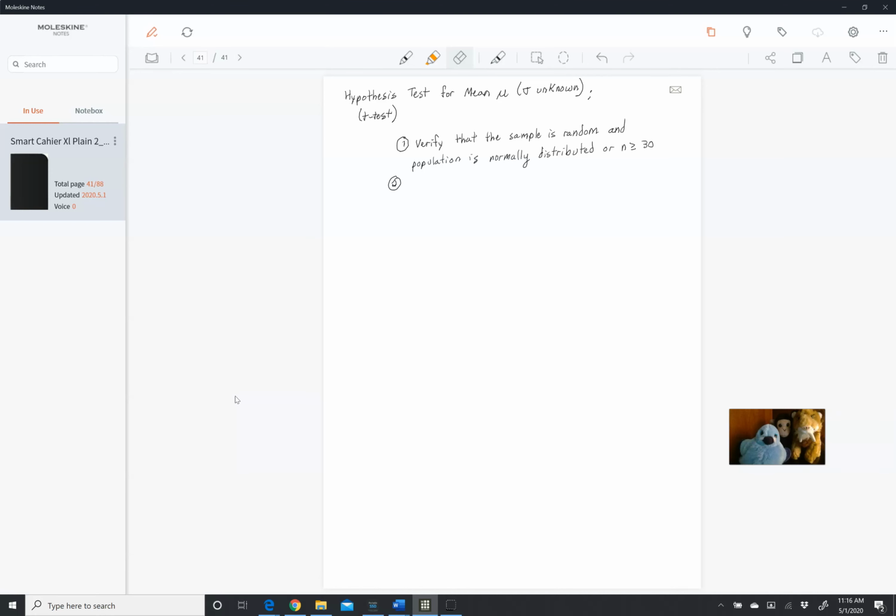Second thing that we're going to do is state our null hypothesis and our alternative hypothesis. And you're going to identify the claim, right? You want to know which one is your claim. You're going to specify your level of significance, and you're going to determine the degrees of freedom.